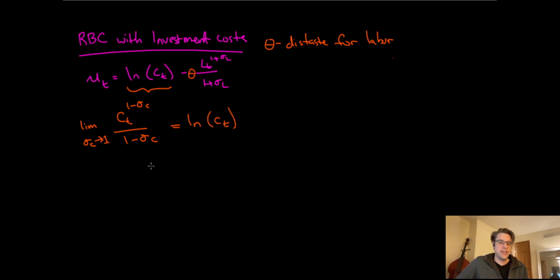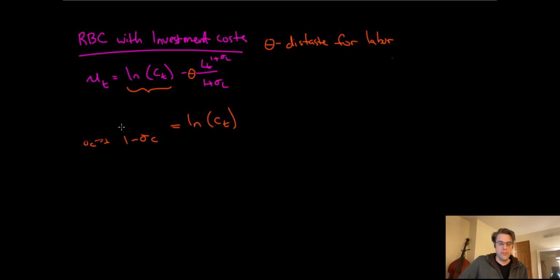And this is a nice math exercise that, of course, you don't have to do, but it's nice to know that these have this equivalence. The same equivalence exists between the CES production function and the Cobb-Douglas production function. The Cobb-Douglas production function is a CES in the case where the elasticity of substitution goes to 1 in the limit. Okay, just enough of that sidebar.